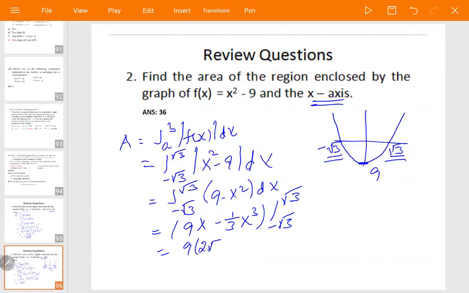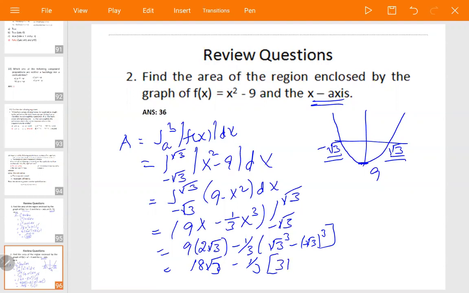It becomes what? 2 times square root 3, that is 18 square root 3, minus 1 over 3 times root 3 cubed minus negative root 3 cubed. Root 3 cubed is 3 square root 3, so 3 square root 3 minus negative 3 square root 3. It becomes 6 square root 3.